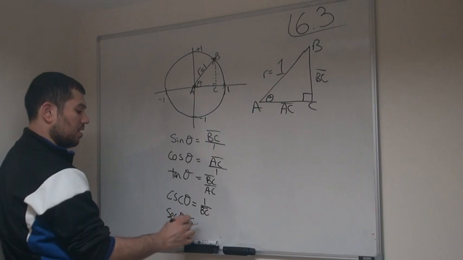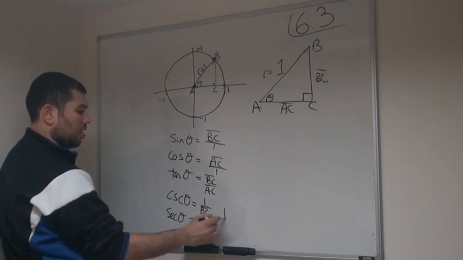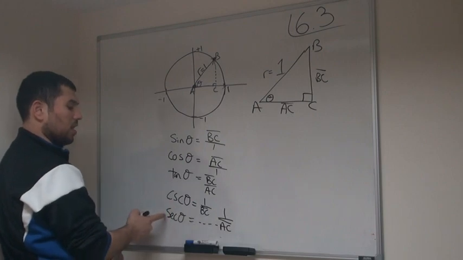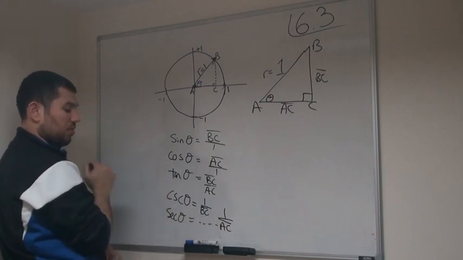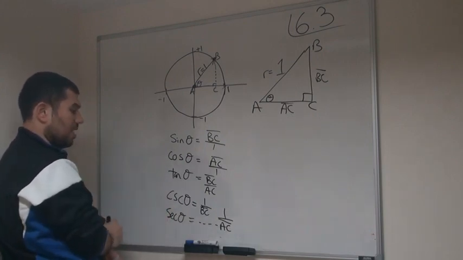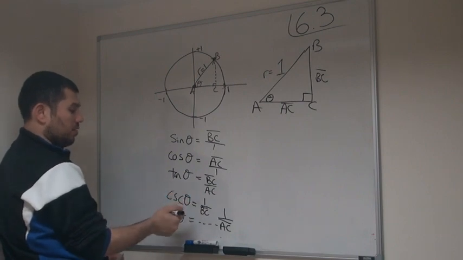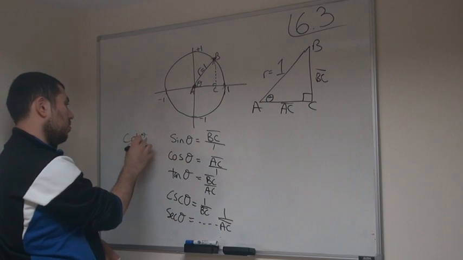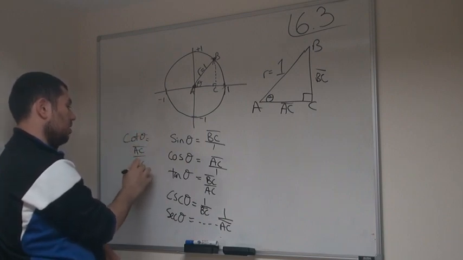Secant of theta would be 1 over AC, because it's the reciprocal of cosine. Cosine starts with a C, its reciprocal function starts with an S. And cotan is the reciprocal of tan. So let me write cotan out here. Cotan of theta is AC over BC.